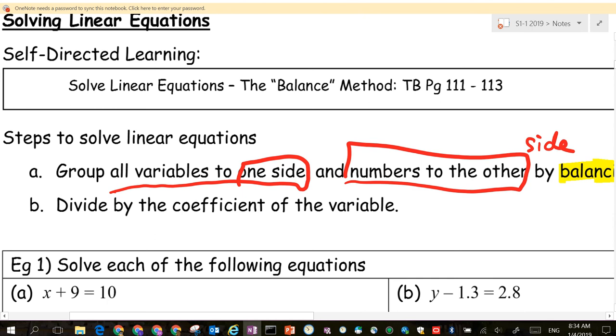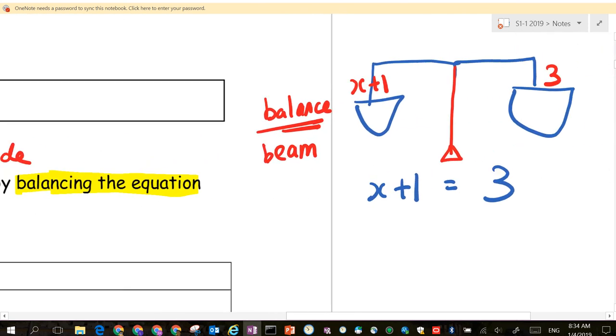Are you absorbing this? Understand? Let's go to the balance beam again. The alphabet, x, is on one side already, on the left side. But the number, 1, is here, right? So I want to group this number to the other side.